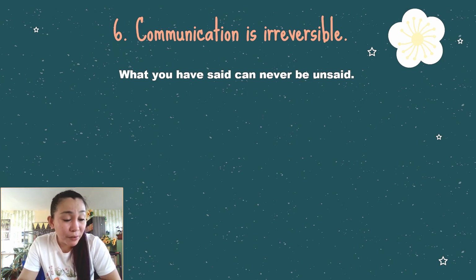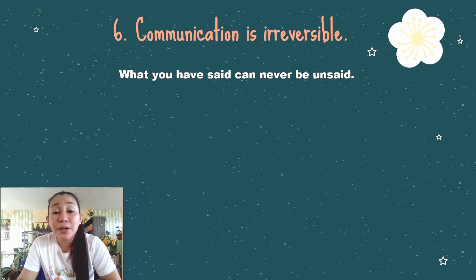Okay? Before saying them, you can later be sorry for what you have said. But once the damage has already been done, then it cannot be undone. Okay? Always remember that when you have something to say, especially when you are at the point in your life when you're very angry, you tend to say hurtful words.